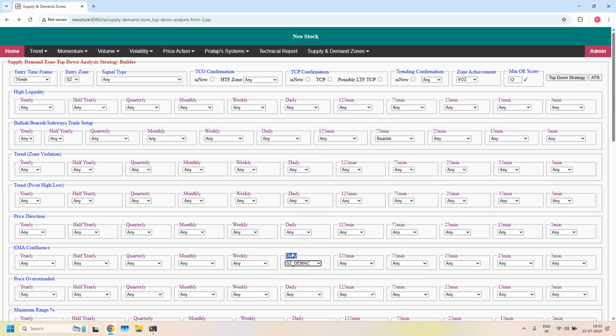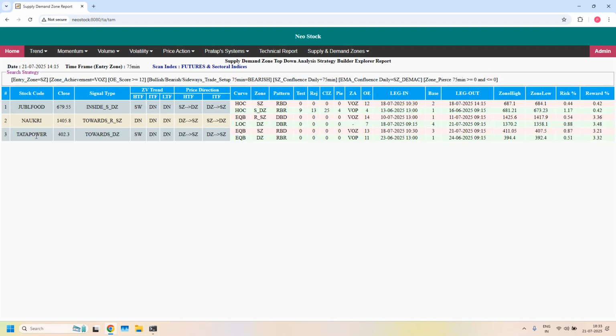At the same time, daily trend is a downtrend. So 3 stocks are filtered. That way, these 3 daily supply zones might be having more high probability to get success, provided less than 20 checklist items should satisfy. Otherwise, higher chances zones might be violated. Otherwise, these are the high probability trade setup supported 75 minute supply zones.